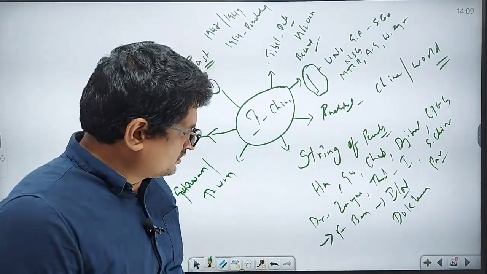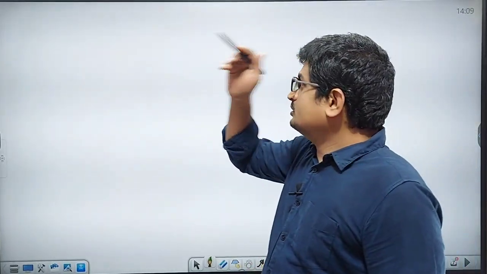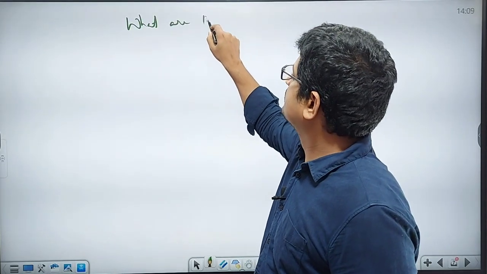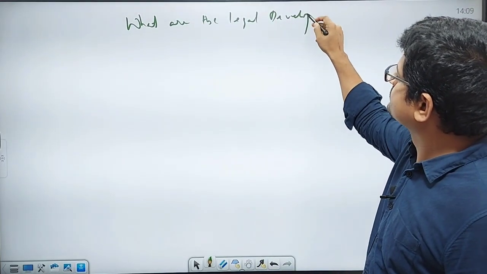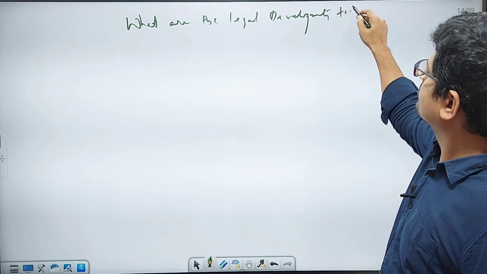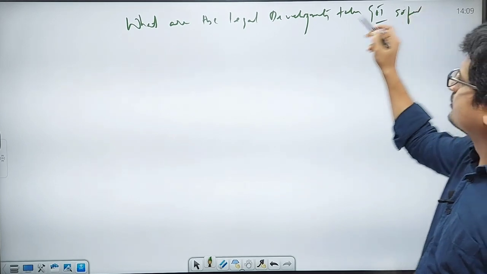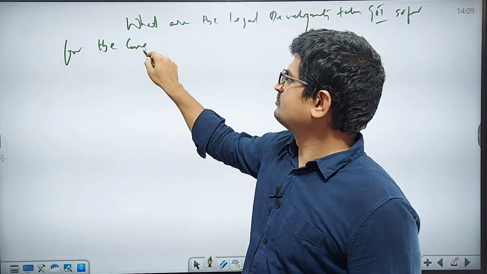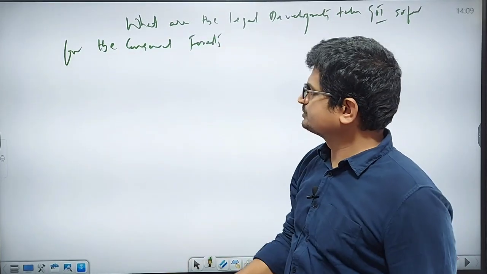Okay, not only Indo-China relations, if you take any question, for example, if they ask you what are the legal developments taken by the Government of India so far for the conservation of forests, it is a question.